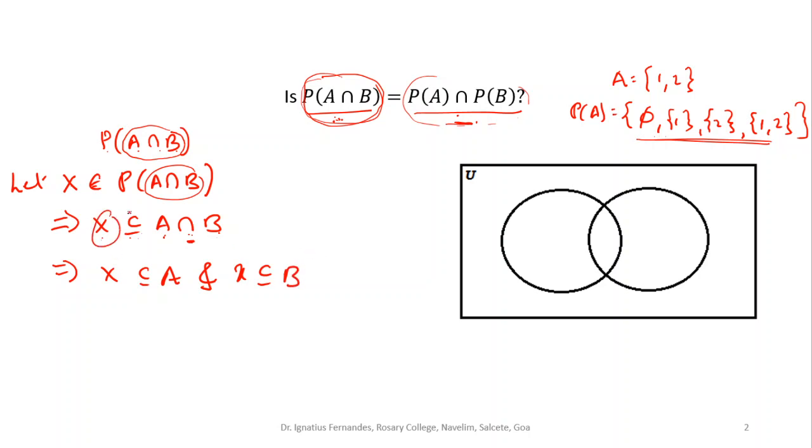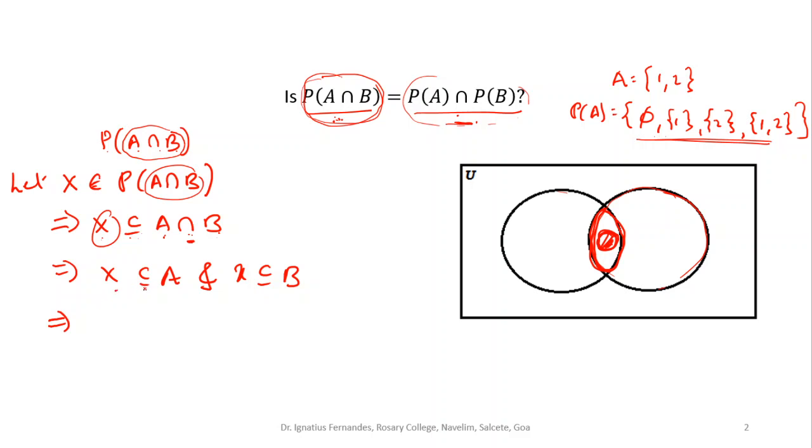This X that we are looking at is somewhere here; A intersection B is here. So it is contained in A intersection B, and obviously this set is contained in A and it is contained in B as well.